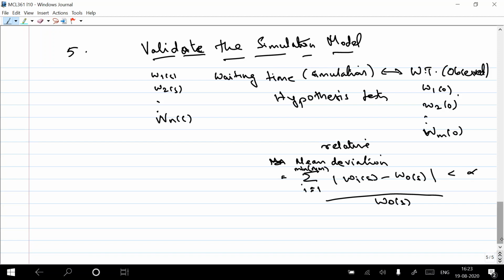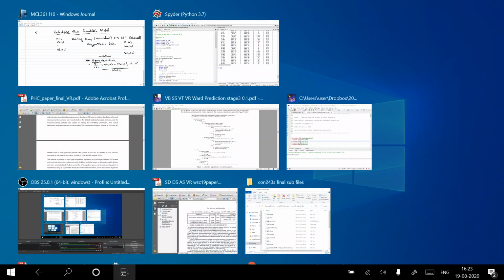In general, there have been cases where you have not been able to validate. I'll give you an example. This paper that I showed you, initially we were not able to collect good data to model it. Even now we don't have very good data to validate it.